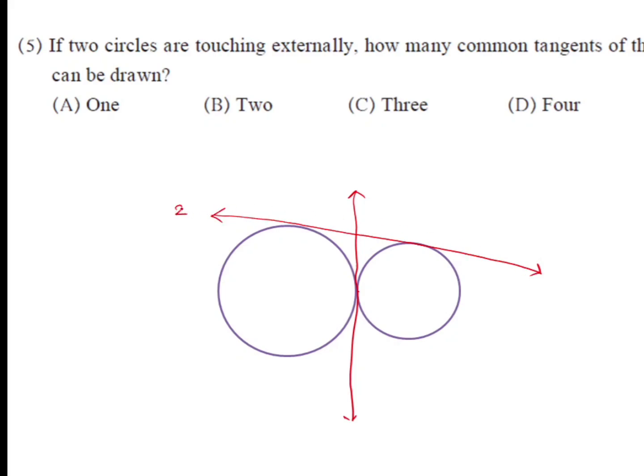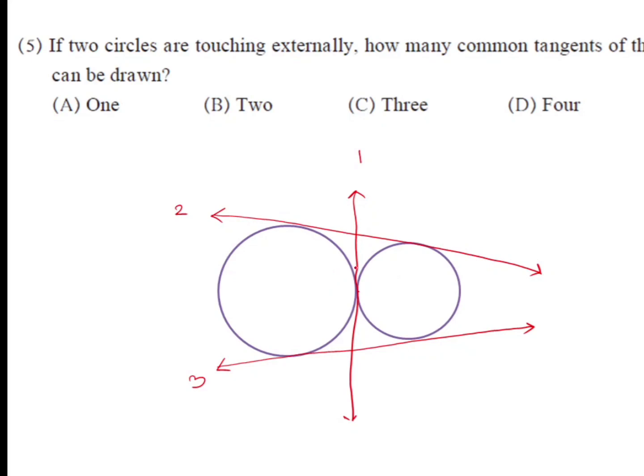So this is the second tangent, and we can have a third tangent which again touches these two circles like this one. So in all we have 3 tangents which are common for both of these two circles.